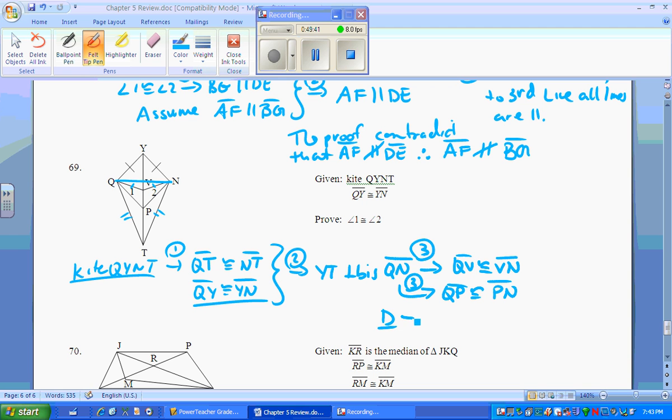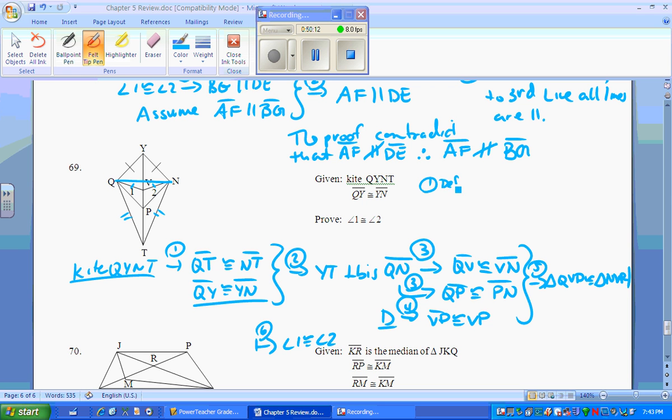And then we know from the diagram, reason 4, VP is congruent to VP, which proves triangle QVP congruent to triangle NVP. Oh, ran out of room. Put up the wall. Go down here. Reason 6 by CPCTC. Angle 1 is congruent to angle 2.